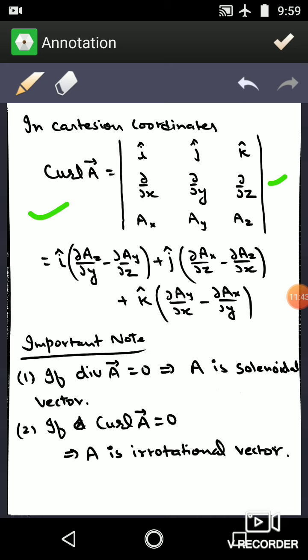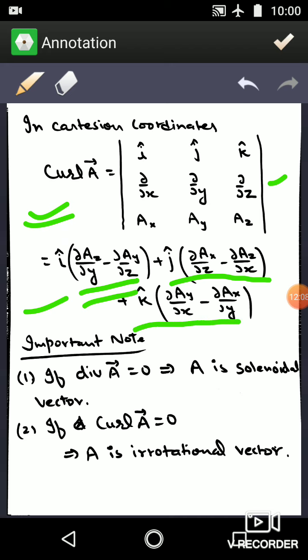Okay, determinant of i, j, k; del upon del x, del upon del y, del upon del z; Ax, Ay, Az, which may also be written as i cap (del Az upon del y minus del Ay upon del z) plus j cap (del Ax upon del z minus del Az upon del x) plus k cap (del Ay upon del x minus del Ax upon del y). Okay, it is very simple and one can remember it by the determinant.